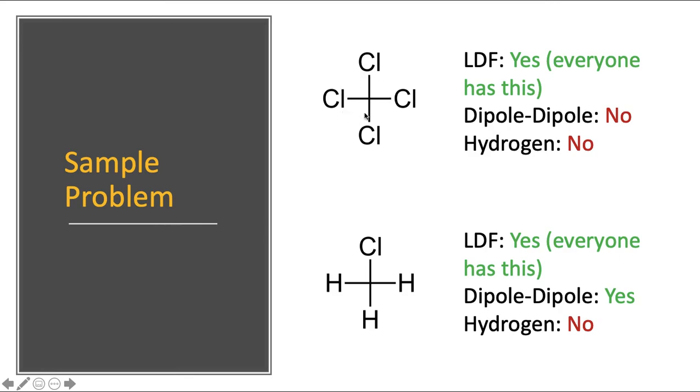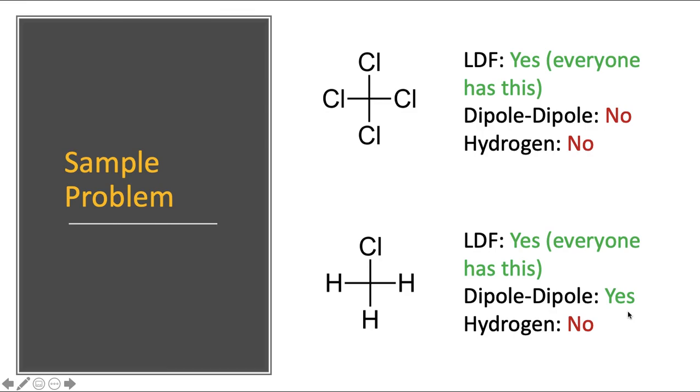Here I had all chlorines around the carbon. Here my carbon has one chlorine but has hydrogens on the other side. And because the electronegativity difference between the hydrogen and the chlorine is large enough, this molecule will have a dipole moment as well, a permanent dipole.